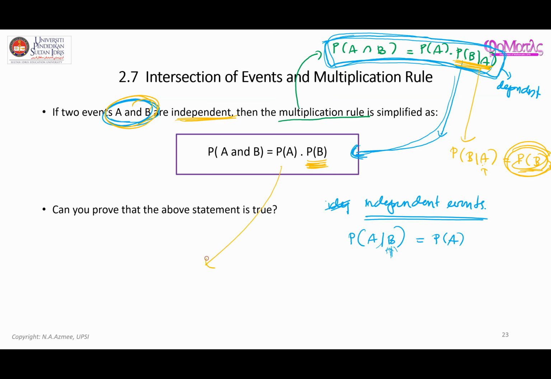So this formula can only be used if you know that A and B are independent. Only use it when they are independent.